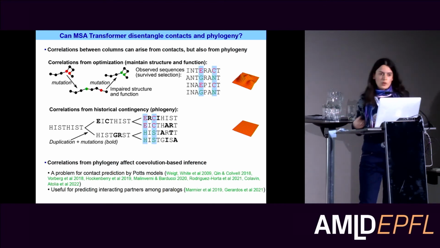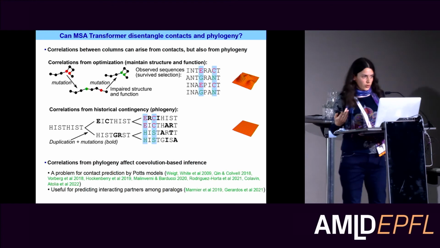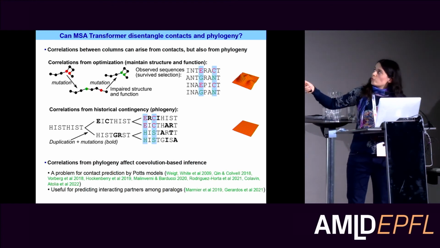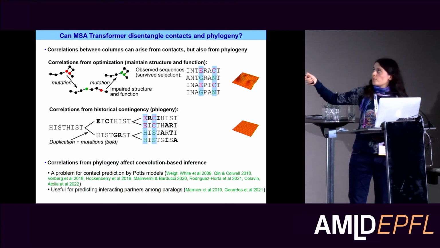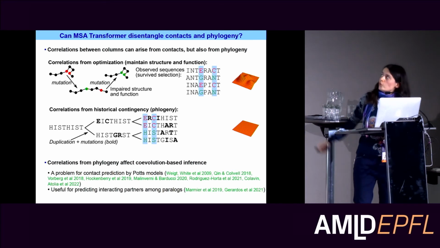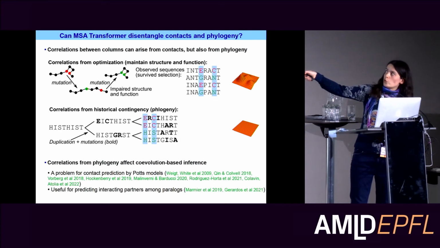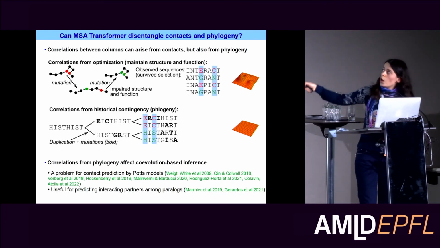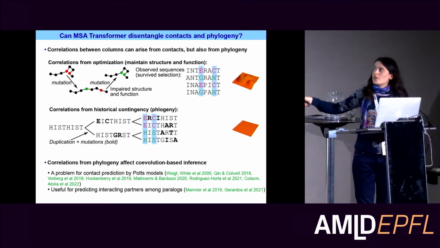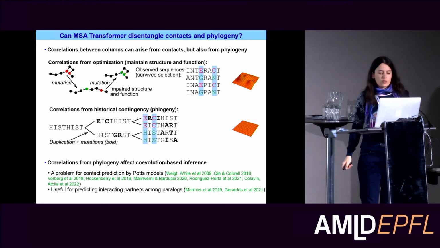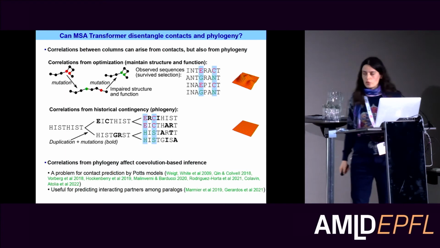This question is very important in the field of coevolution of protein sequences, because when we observe natural data, we observe correlations between columns, but we don't know if these correlations are actually coming from a structural constraint, a functional constraint like this one, where you need to have complementary amino acids in 3D in order to preserve the structure, or if they are just coming from historical contingency, for instance, from a case where two mutations occurred quite early in the history, which would also lead to correlations between columns. So that's quite a fundamental problem in this kind of analysis.